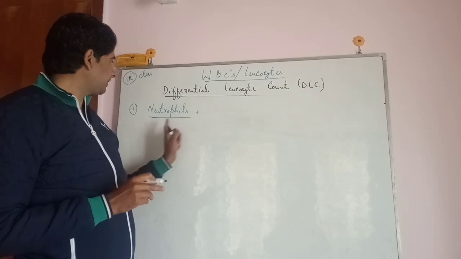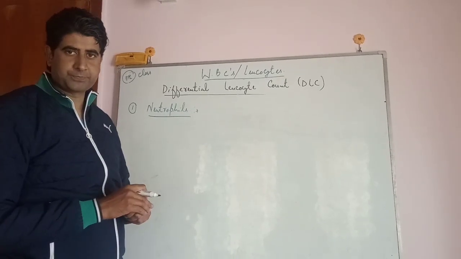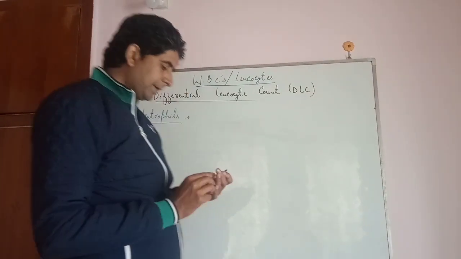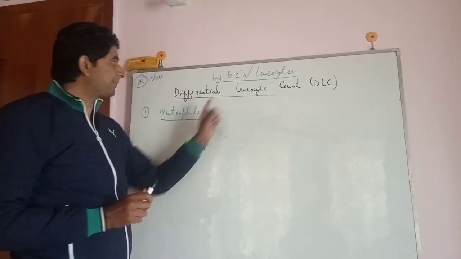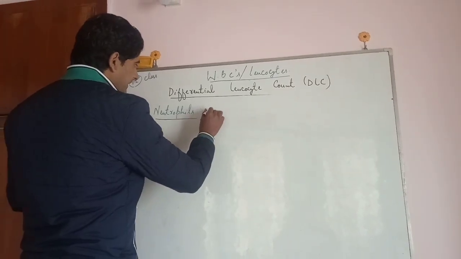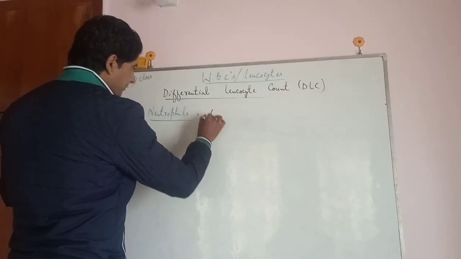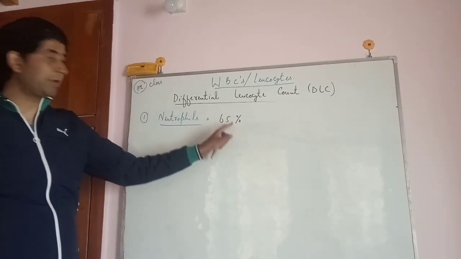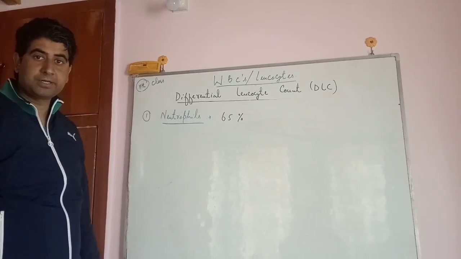Let's first take the neutrophils. These neutrophils are the most abundant types of the WBCs. That means जो इनकी percentage है, it is near about 65% of the total WBCs.